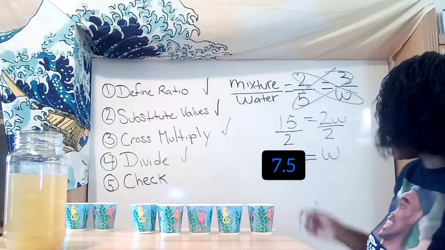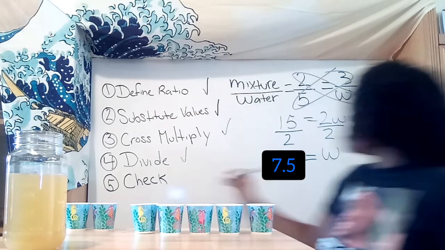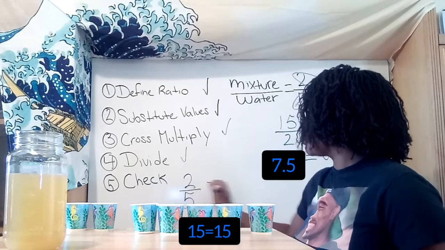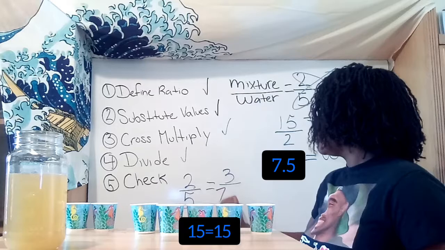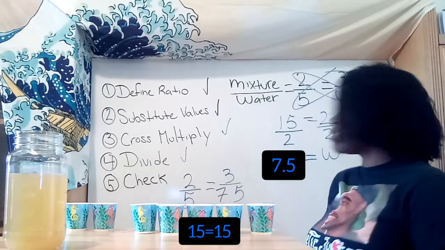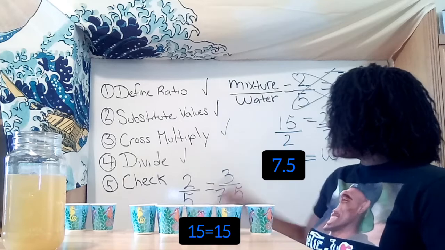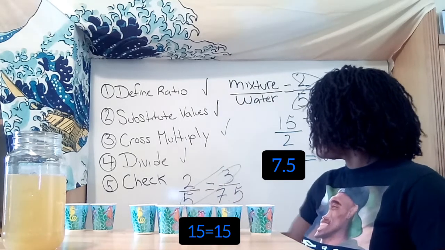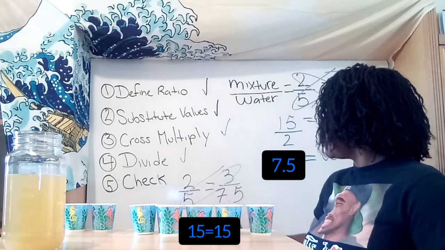So for our check, what we are essentially saying is that 2 parts of this mixture to 5 parts water is equivalent to using 3 parts of this mixture to 7.5 parts of water. Right? I'm going to cross multiply. 5 times 3 is 15, and 7.5 times 2 is 15.